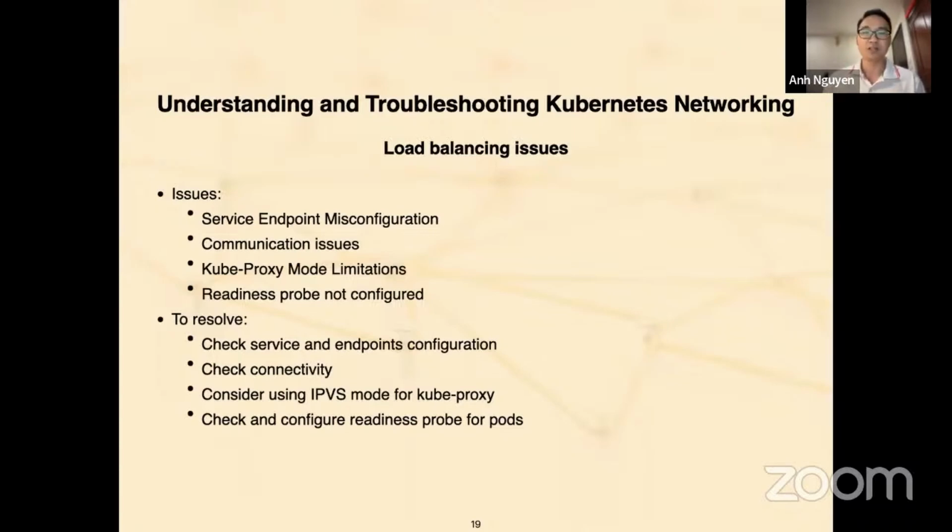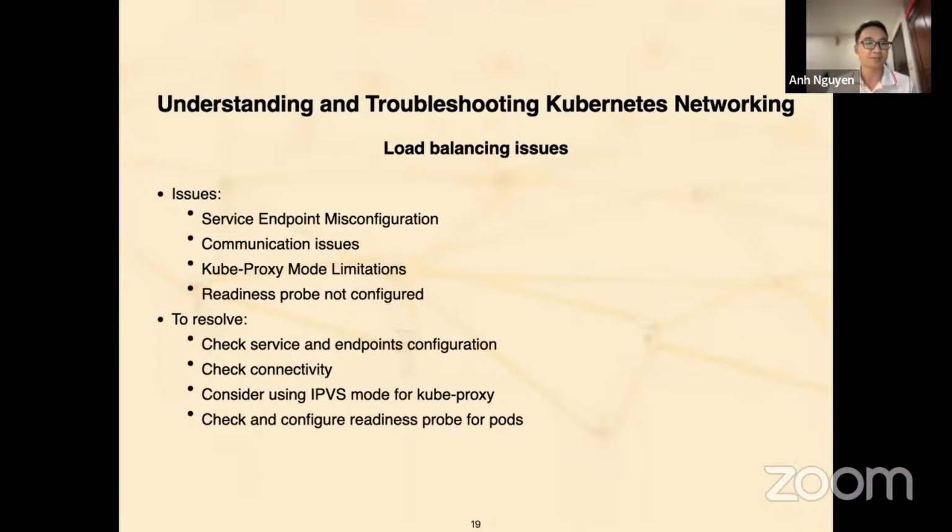And to resolve these issues, we need to check the service and endpoint configuration. Second is connection issues: pods cannot connect to the service, or the connection is intermittent due to connection issues from the pod to the backend pods. To resolve it, we apply the techniques presented previously.